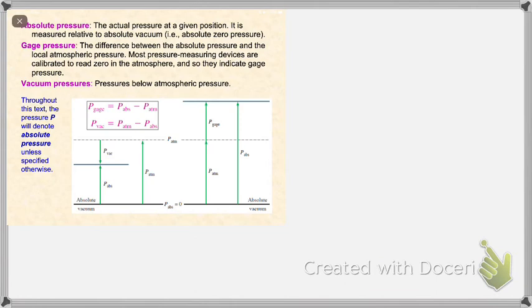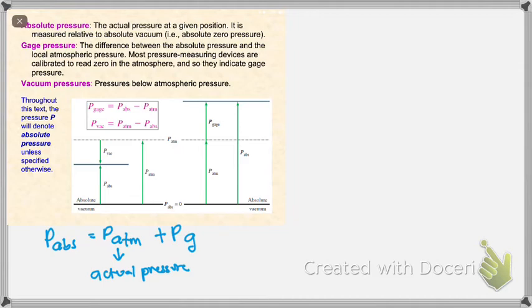Okay, pressure can be divided into 3 types. You have P absolute equal to P ATM plus P gauge. P ATM is the atmospheric pressure, the actual pressure experienced by an object or by a person.